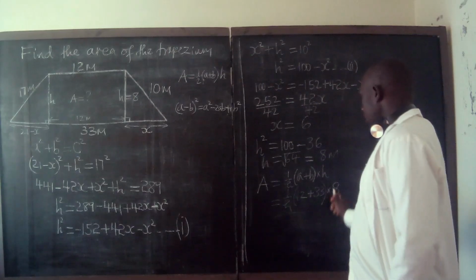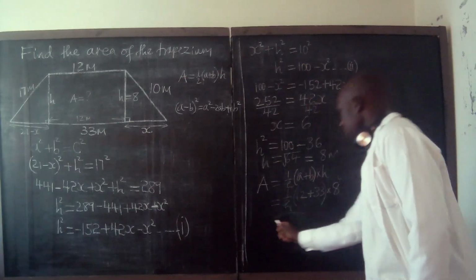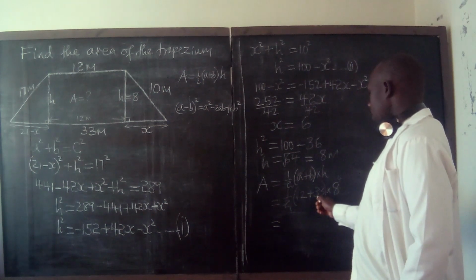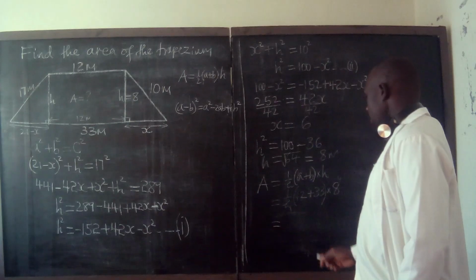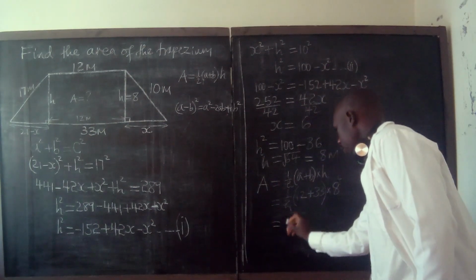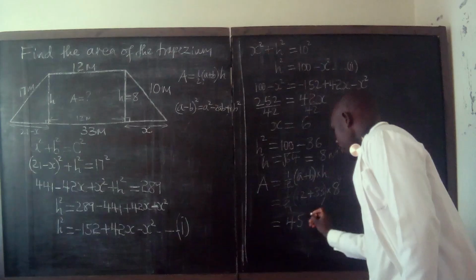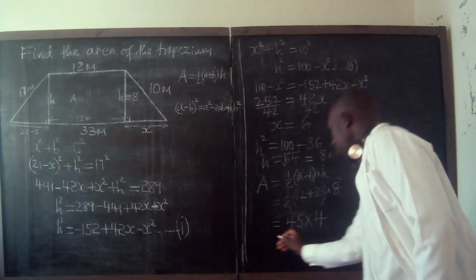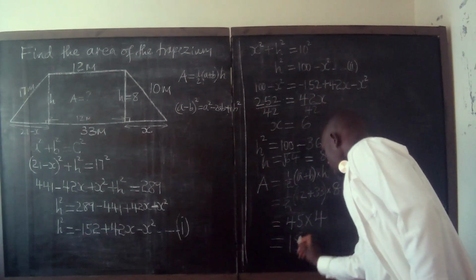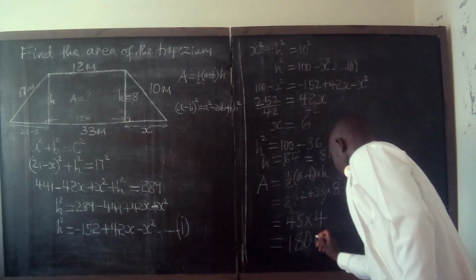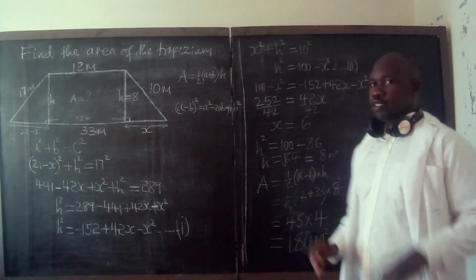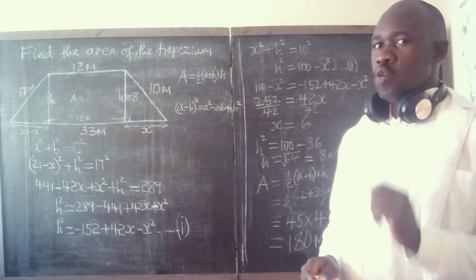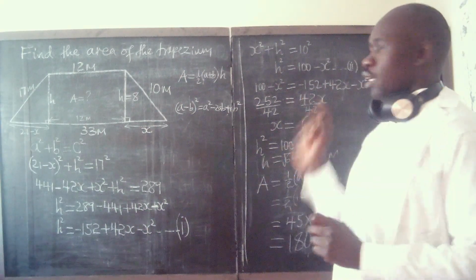So 8 divided by 2 is 4, and 12 plus 33 is 45. So I have 45 times 4, and therefore I end up getting 180 meters squared.